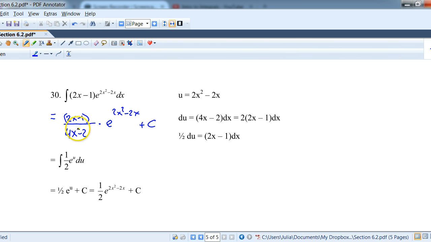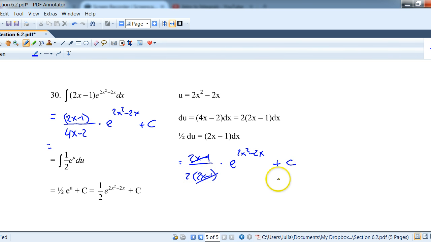It looks complicated, but notice if you pull out 2 in the bottom, I'll see if I can squeeze this in. Let me actually write over here, equals 2x minus 1 over, and I skipped the parentheses because we don't actually need them, 2 times 2x minus 1. And the thing is, the x's should cancel. And then times e to the 2x squared minus 2x plus c.